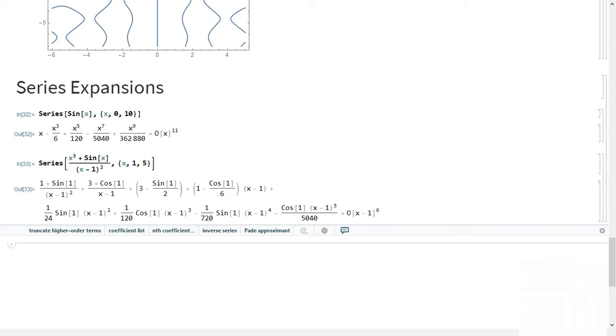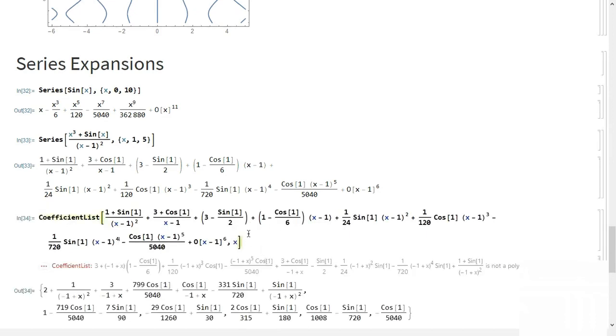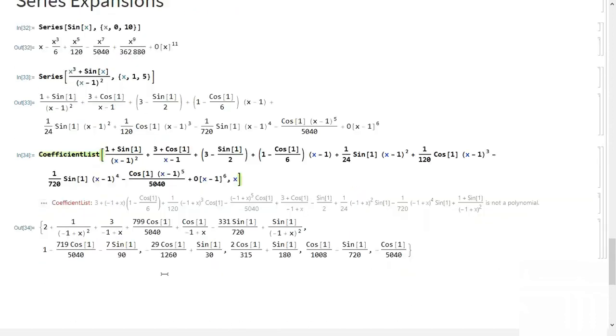And again you can see that Mathematica will suggest you to do some stuff: truncate higher order terms, coefficient list, nth coefficient. If you click on coefficient list, it will just give you these coefficients listed out as a list. And as you can see, Mathematica is showing us that this thing is not a polynomial.